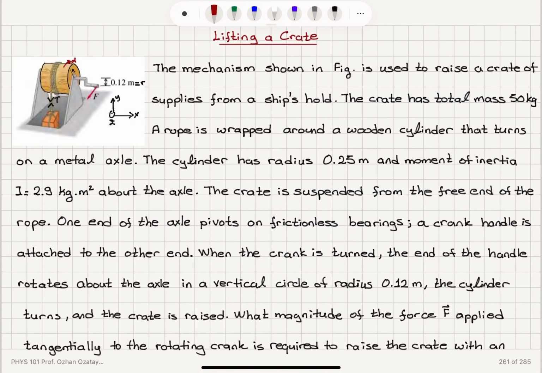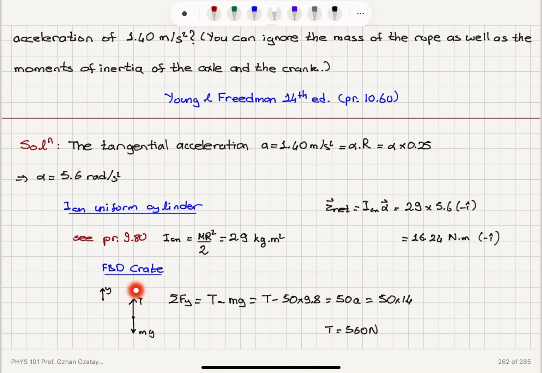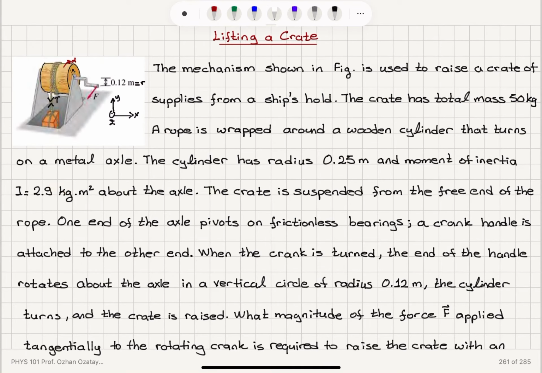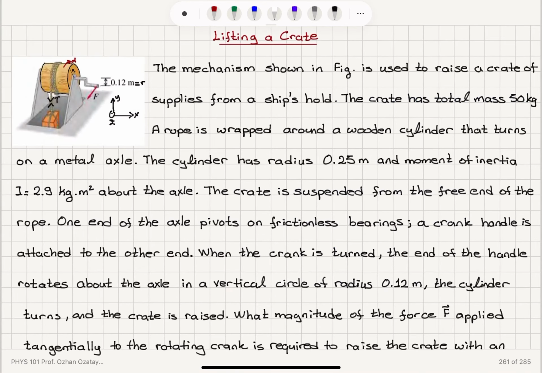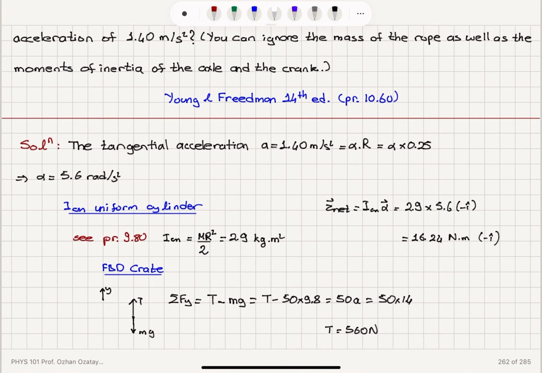Okay. Now, to summarize, we have a crate that we are lifting here. The crate has a free body diagram which consists of the tension pointing up and its weight mg pointing down. And this is equal to the net force acting on it, so therefore it's mass times acceleration. Remember that this is a 50 kilogram crate, so 50 times a.